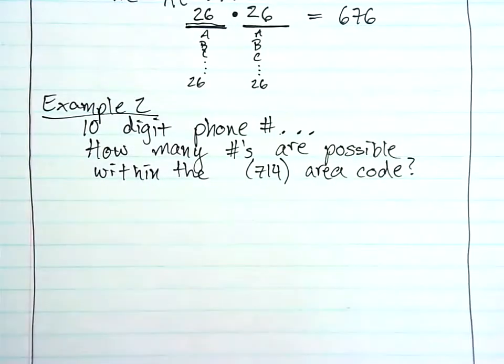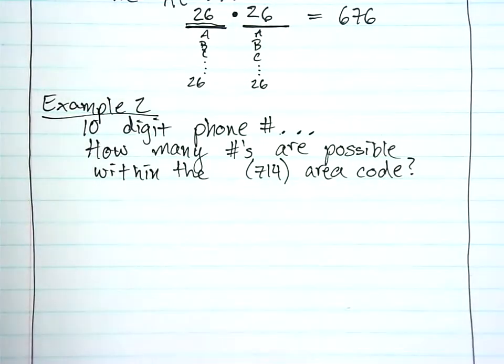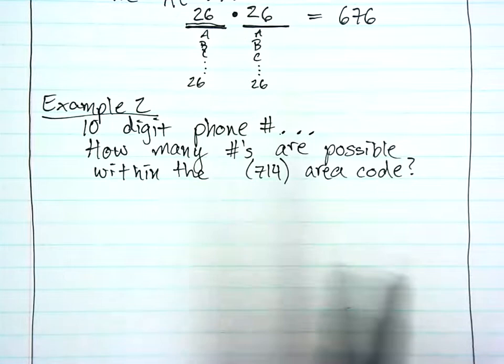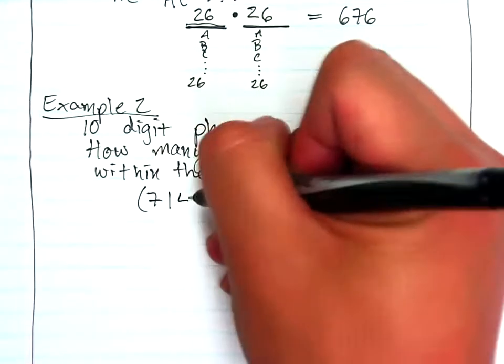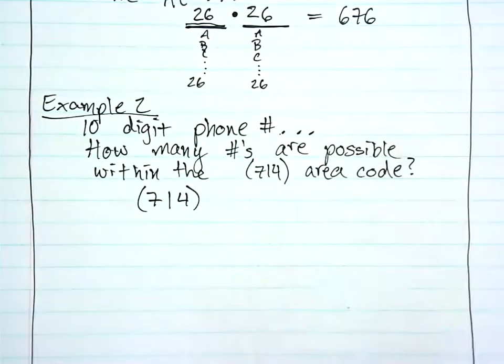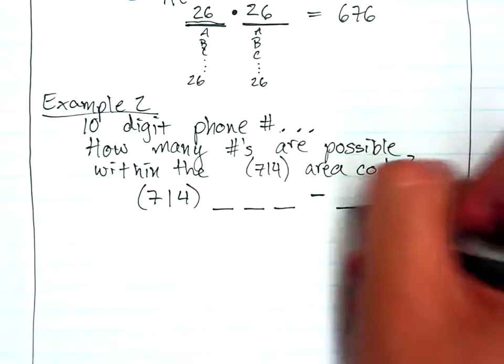Okay, so we're going to focus only on the 714 area code, because if I were to include all other possible area codes, that's going to be a huge number. So let's be a little specific here. So first off, my 10-digit phone number is made up of 714. Then I'm going to have 3 digits for that first part, and then 4 digits for the remaining.